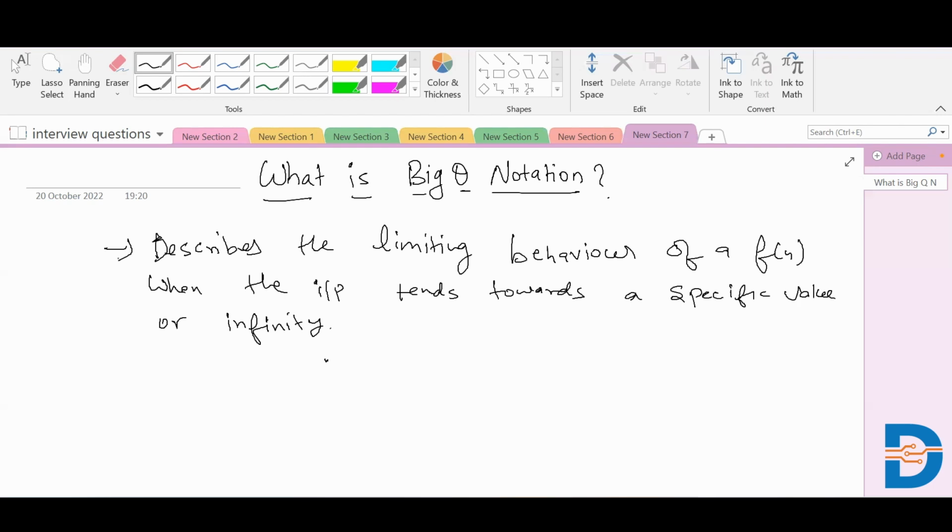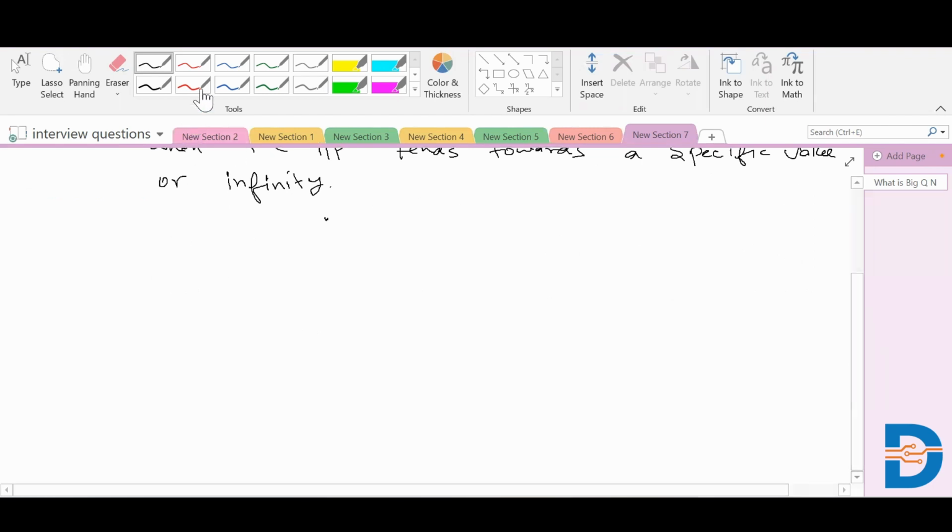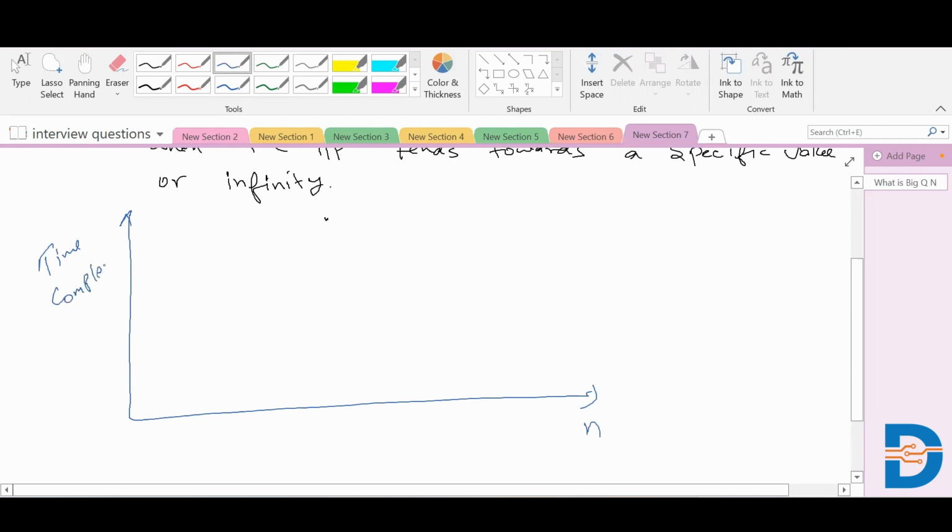What I mean to say is, if I simply take my xy axis, this is the input size n, and this is nothing but time complexity. And let's say we have a graph like this.